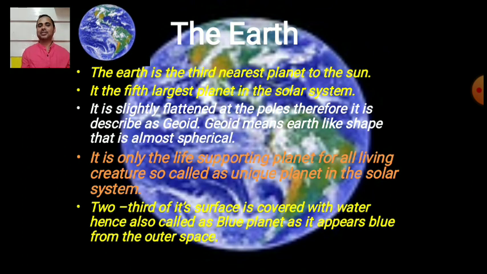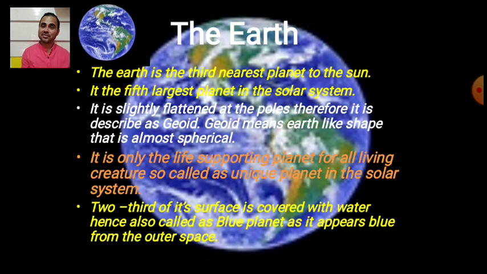Apart from the Earth, no other planet in the solar system supports all forms of life. All forms of life means right from a small microorganism to human beings, different plants, animals, birds, all this life system is supported on the Earth.